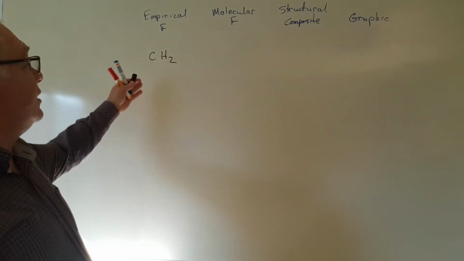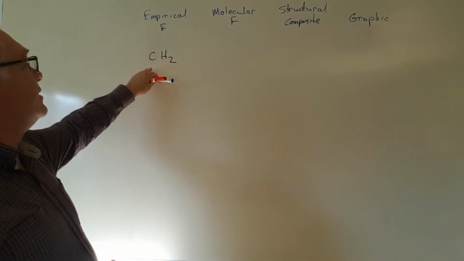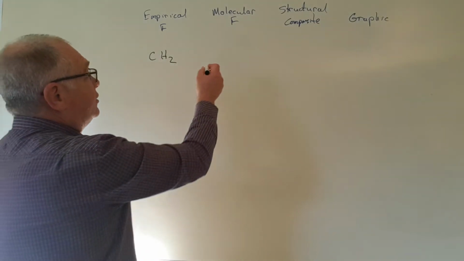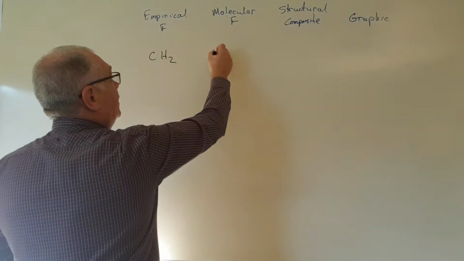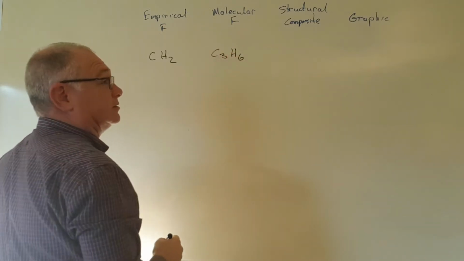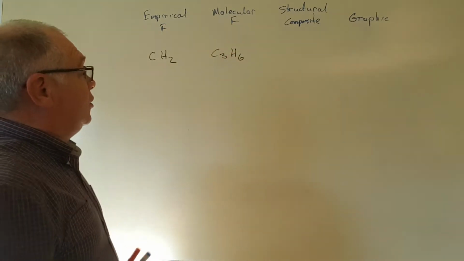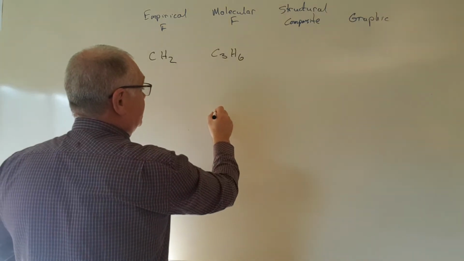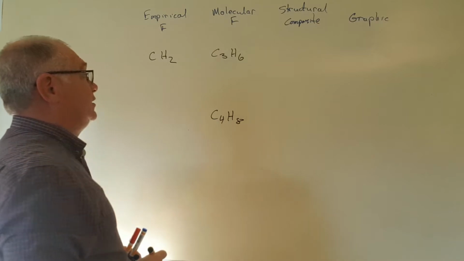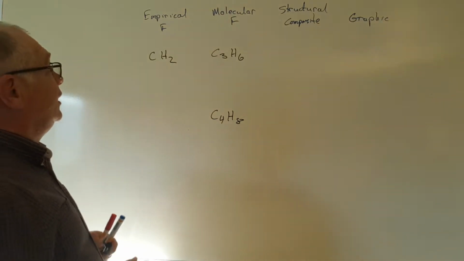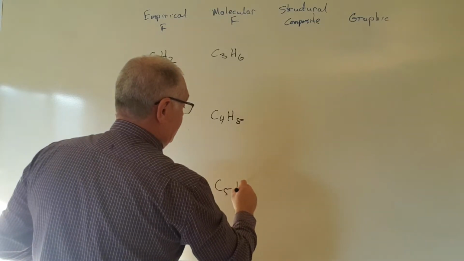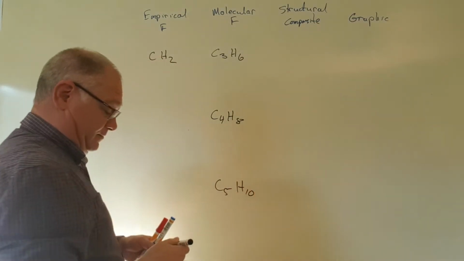So this molecule, which has a ratio of 2 hydrogens to 1 carbon, could have a molecular formula of C3H6, or it could be C4H8, or it could be C5H10.